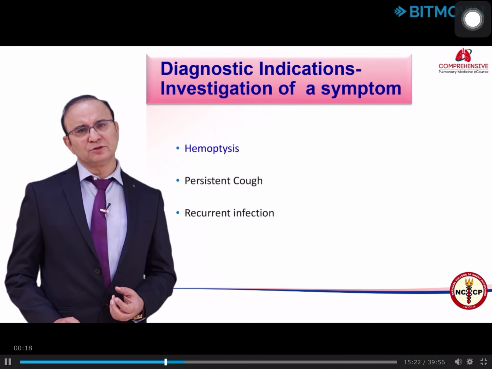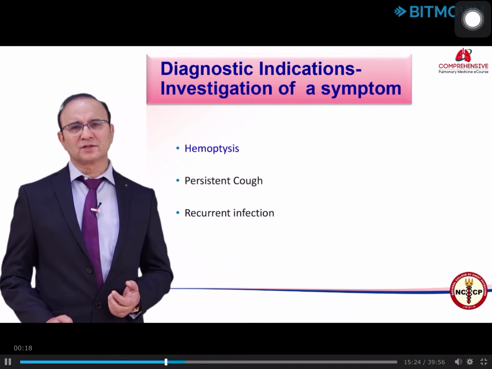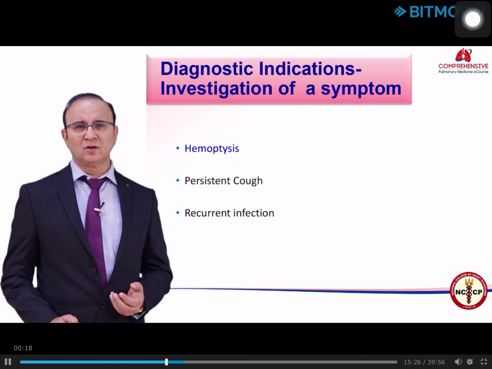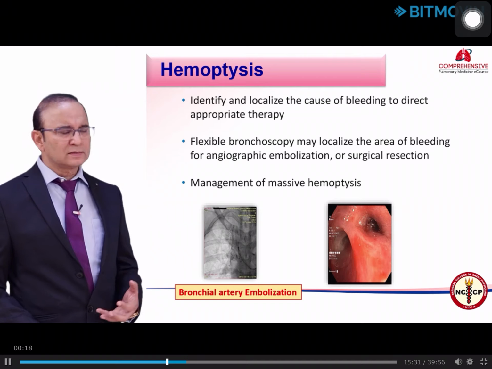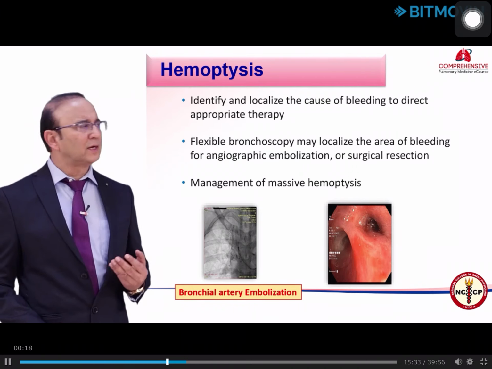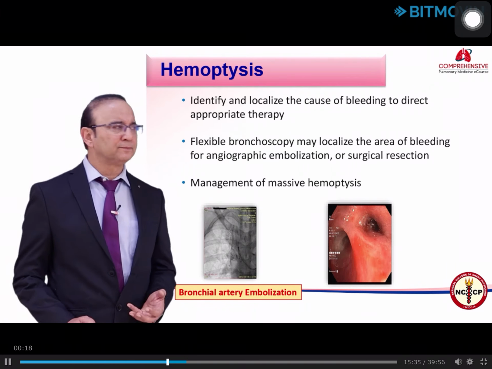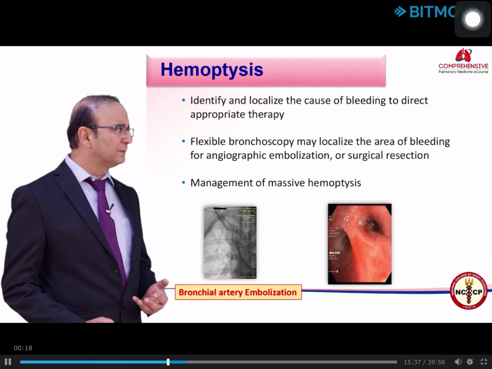Then many a time you do a bronchoscopy for symptoms like hemoptysis or a persistent cough. In hemoptysis, bronchoscopy is done to identify the cause of bleeding and to direct the appropriate therapy.